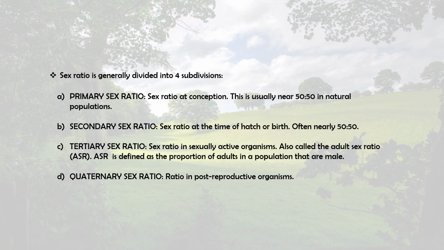That means there are more sexually active males in the population than females, so there is a little bit of skewness towards the males, and the tertiary ratios of mammals tend to be biased towards females.